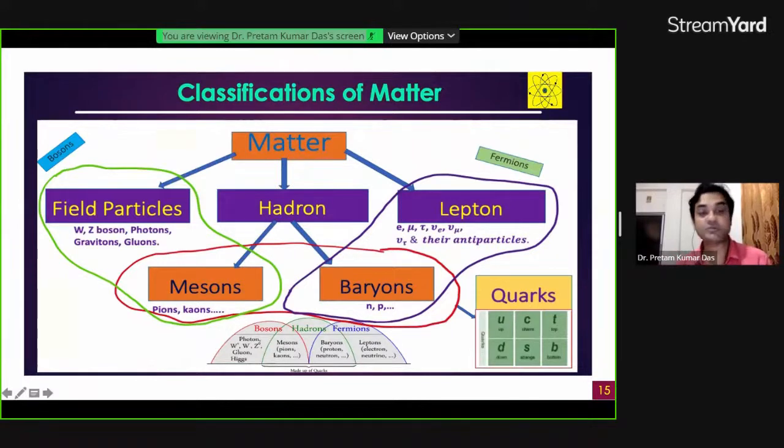This boson is named after the famous Bengali scientist Satyendranath Bose, and these particles satisfy Bose-Einstein statistics. And if we break this hadron, that means meson and baryon, we get quarks. Quarks are the fundamental building blocks of matter, and we get six flavors: up, down, strange, charm, and top, bottom.